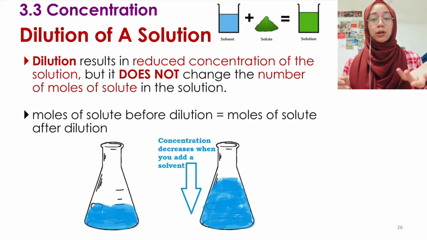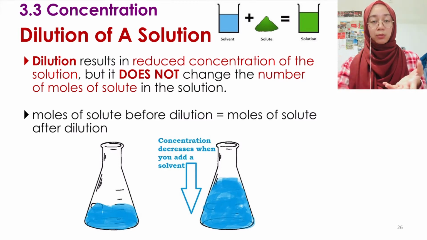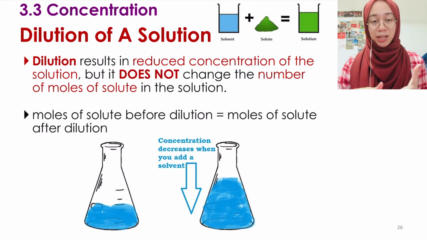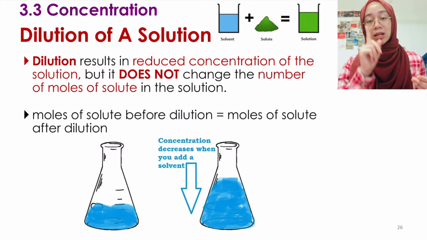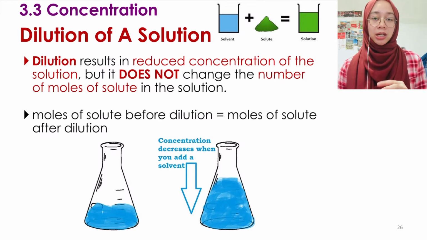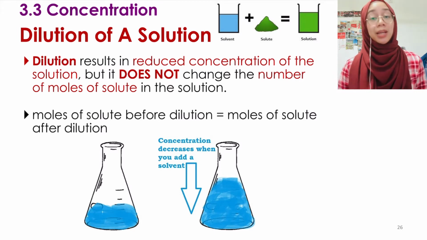Waktu kamu masukkan mula-mula tadi madu, satu sudu, kamu tambah air pun masih lagi satu sudu, kamu tambah lagi air pun dalam cawan yang sama, masih lagi it contains satu sudu. So nak katanya number of moles tak berubah, but apa yang berubah? Concentration. So keep in your mind, if dilution, concentration dia akan semakin berkurang bila kita tambah air.